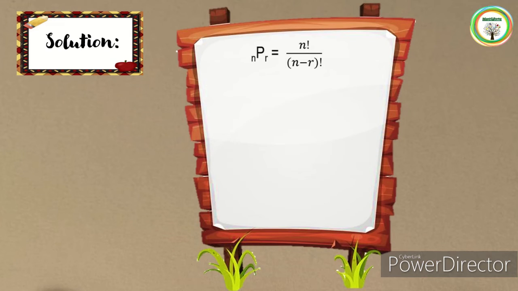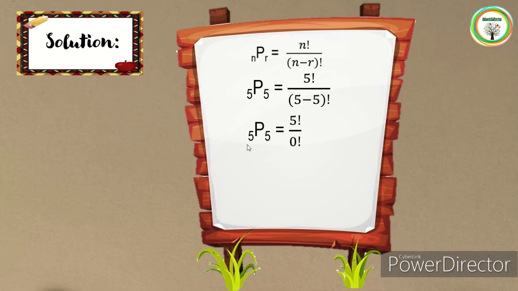Using the formula, again, permutation of n taken r is equal to n factorial divided by the quantity of n minus r factorial. So the value of n is equal to 5 and the value of r is equal to 5 also. So using the formula, we have n factorial divided by the quantity of 5 minus 5 factorial.